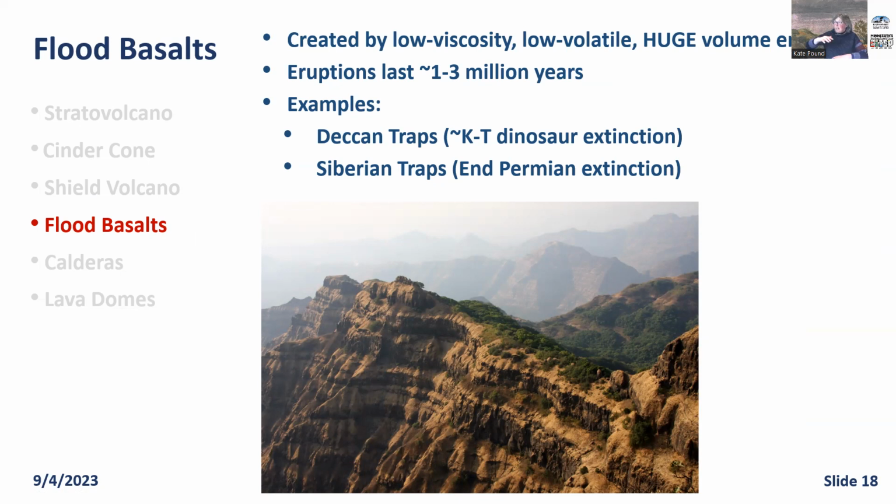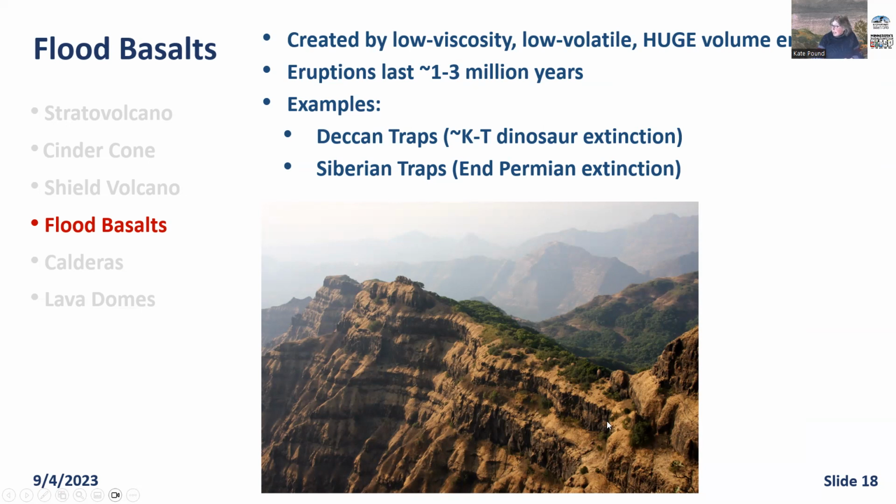They can last for 1 to about 3 million years. And they're associated with some of the major extinctions of life on planet Earth. They get called traps. And there's a lot of discussion as to why they might be located where they're located.